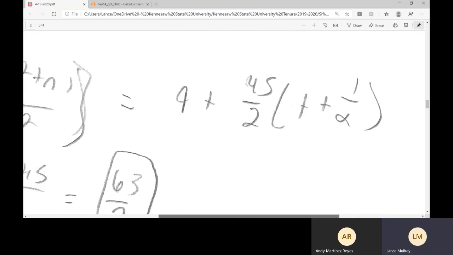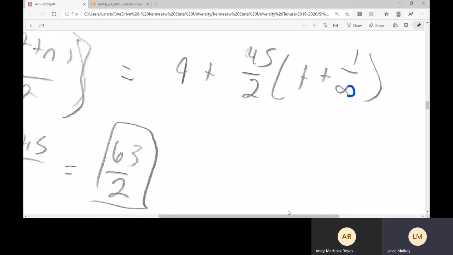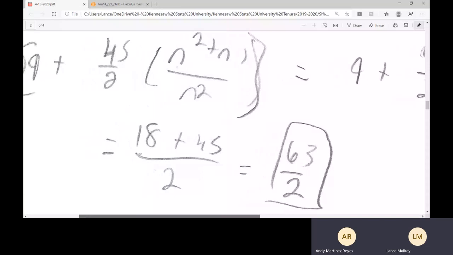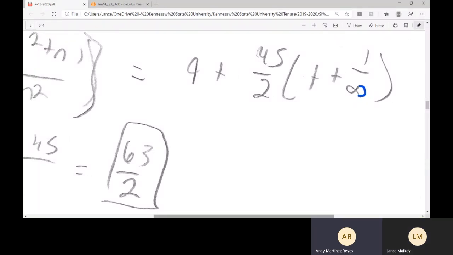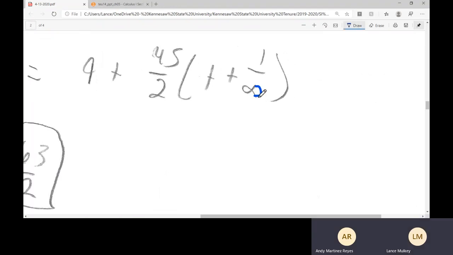Anyways, so you end up with 9 plus 45 over 2 times 1 over infinity. Apparently, I just can't write. Does the 1 over infinity cancel out, or does it become 0? It becomes 0.